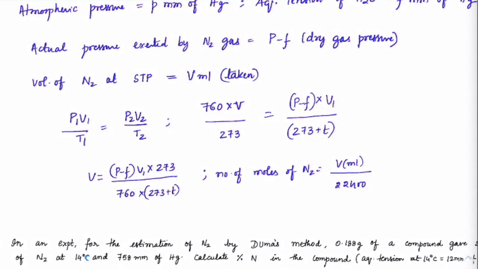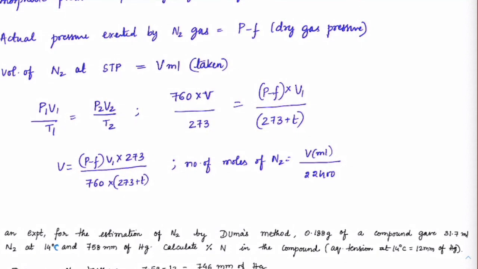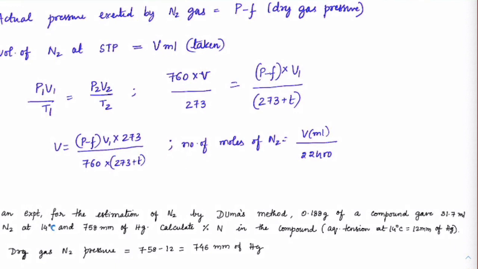You know why I have written that 22400. Once you get the number of moles, you know what is the weight or mass of nitrogen present in the organic compound. That would be n into 28, correct?